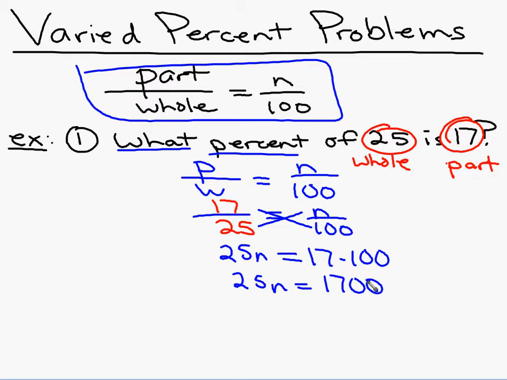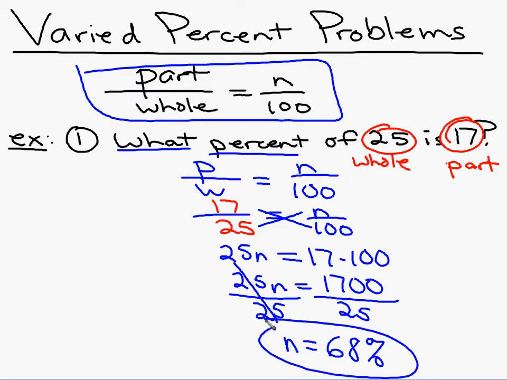I'm still going to divide both sides by the number that's with the variable, because dividing by itself makes it 1, makes it go away. So n equals whatever 1700 divided by 25 is. Isn't it 68? So my answer is 68, and this time I need to add a percent on because it said what percent. So there's my answer. So it's the same type of problem, but you have to get your numbers in the right spot. Let's look at another one.